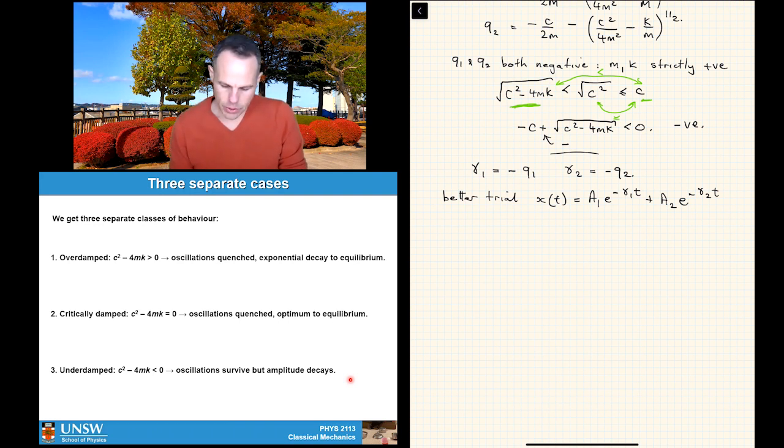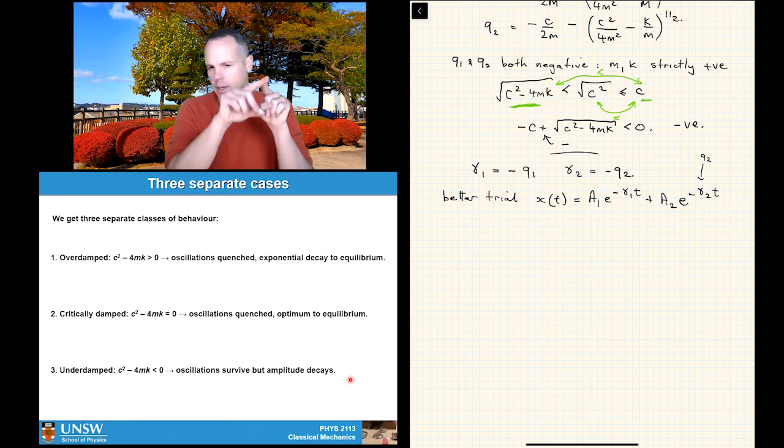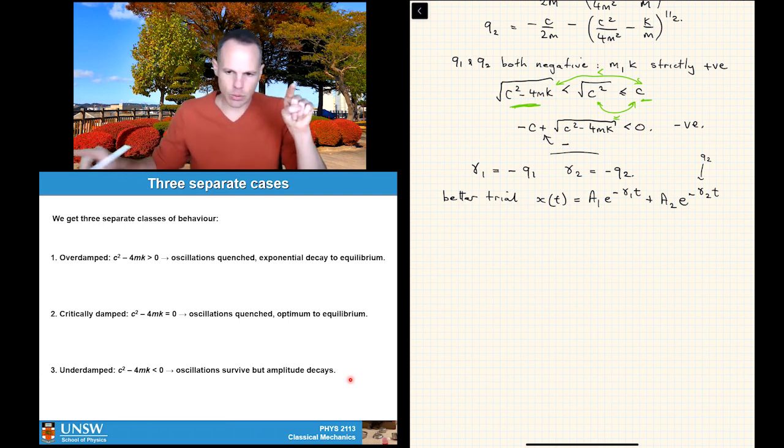I could always have called these Q2 and Q1, but you can see I've switched over to gamma so I can get the minus sign in there. And I want the minus sign in there knowing that gamma 1 and gamma 2 are positive numbers now, so that it's really clear that this is going to be an exponential tail off.